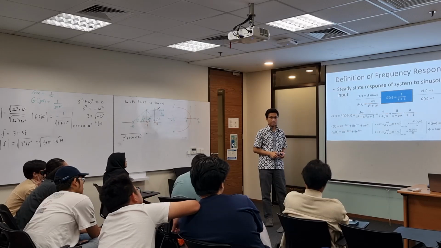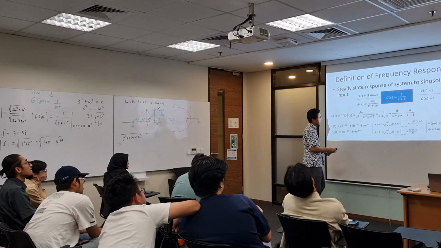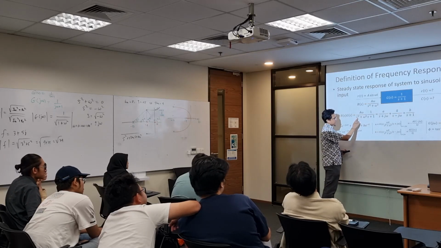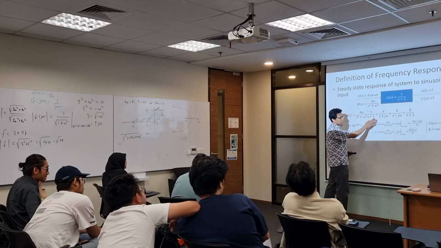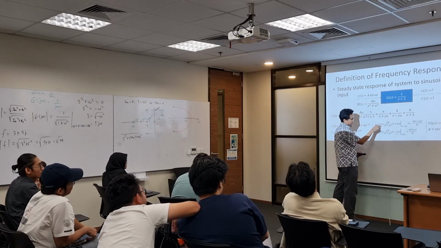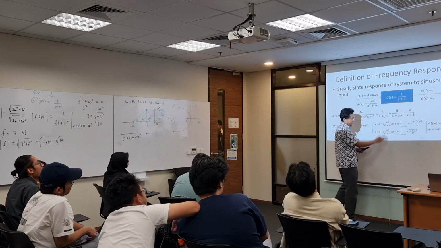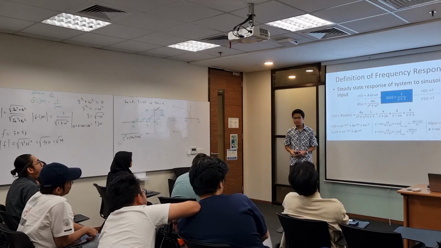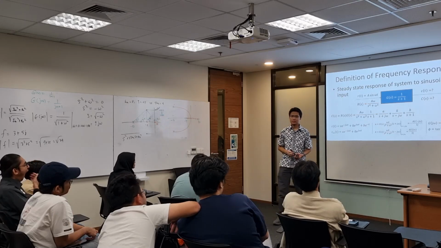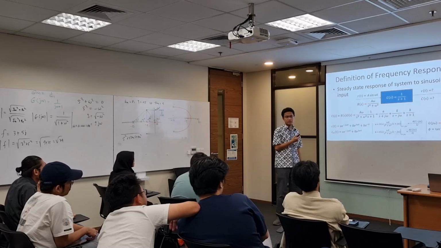If we are using the standard method of multiplying left and right by S square plus omega square times S plus 1, we will not obtain the G of S and this A over S square plus omega square in its original form. It is still correct, but the format is different.